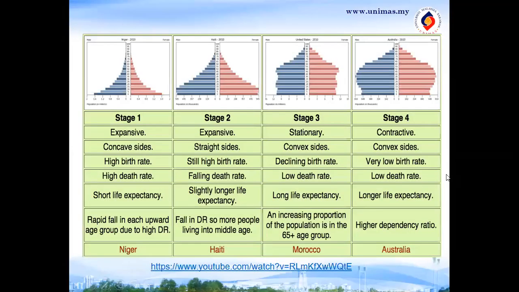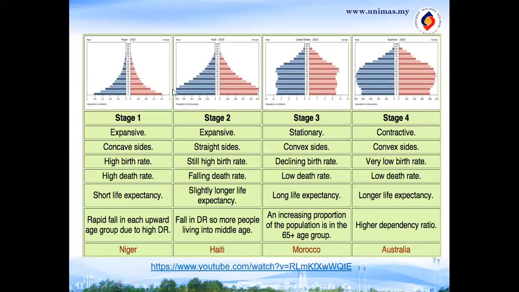Okay. Then this is just an example, showing the different shapes and also the stages lah. This is where it is called concave sides. This one is straight side, more or less straight like that.